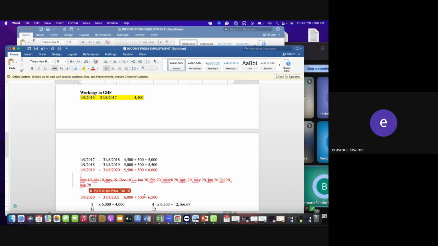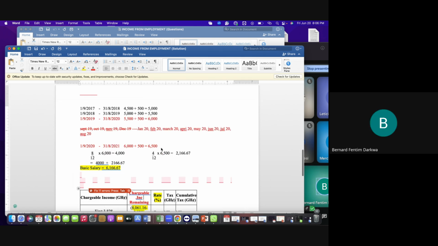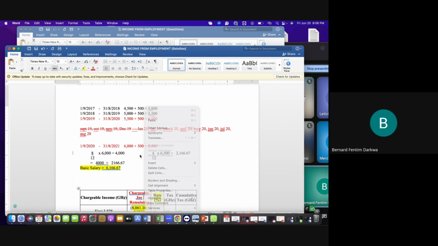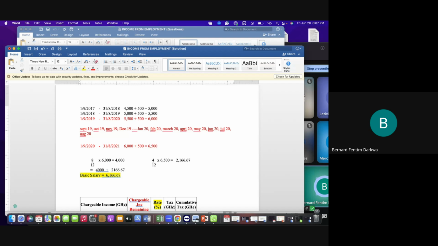Now let's look at this one. When I look at this date here too, it's 12 months. But the 12 months, the months involved stuff. So now tell me what are the months involved? Start from September. September.